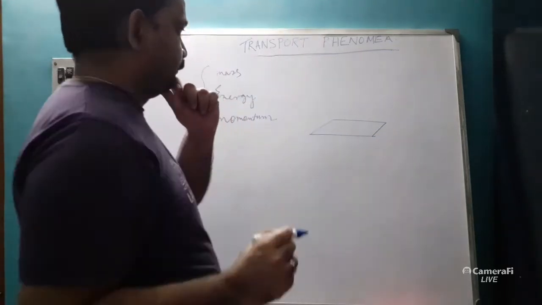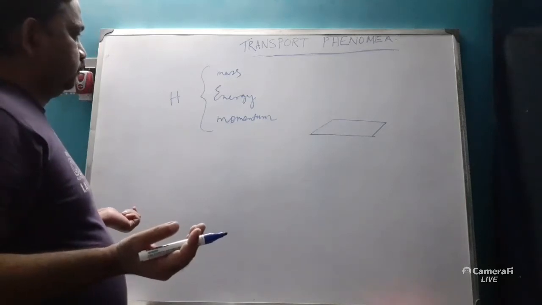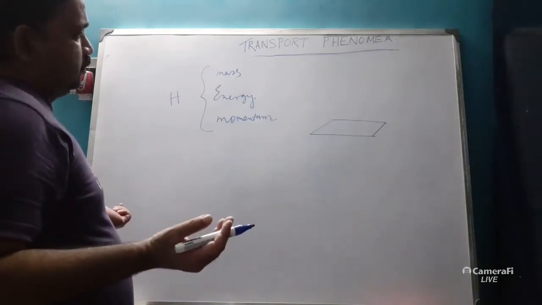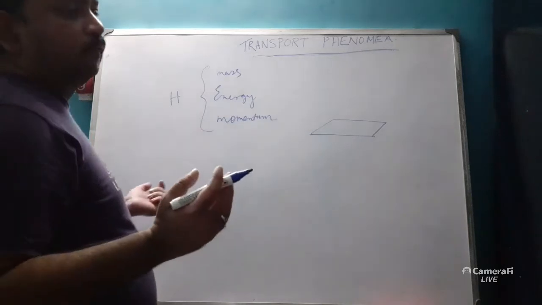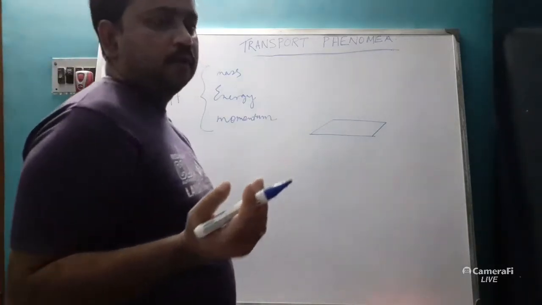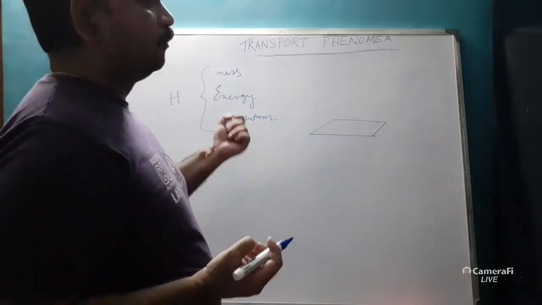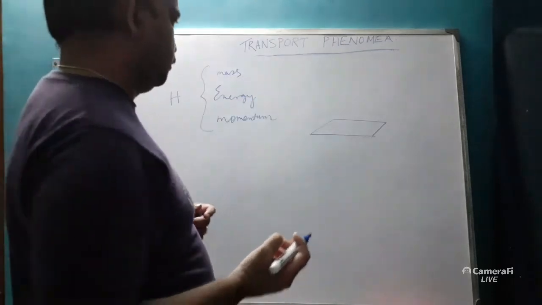For example, you consider the movement of water in a pipe. That is a good example of a mass transferring from one point to another.